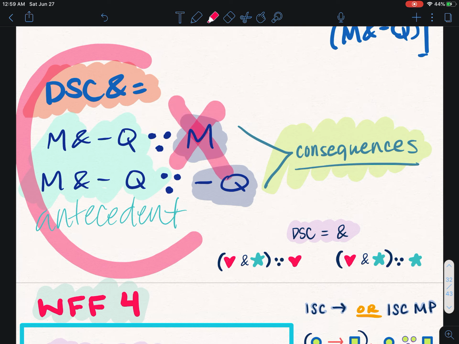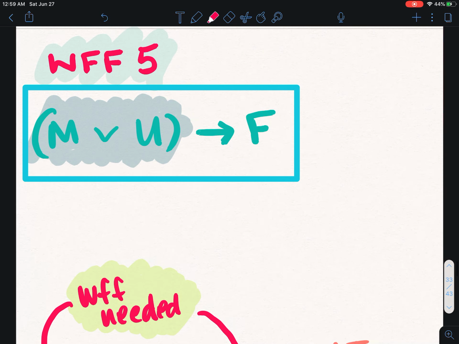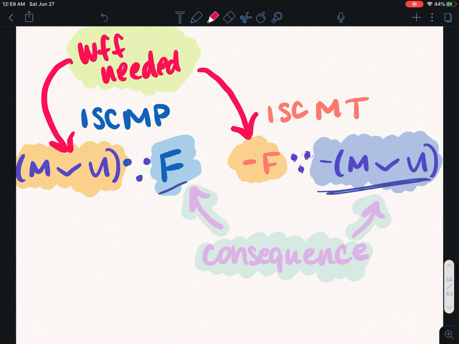We already used this one, so it's not that one. So we have these here. So let's see. And then we have wolf 5. So this is the wolf needed here. And this is an antecedent. A consequence.